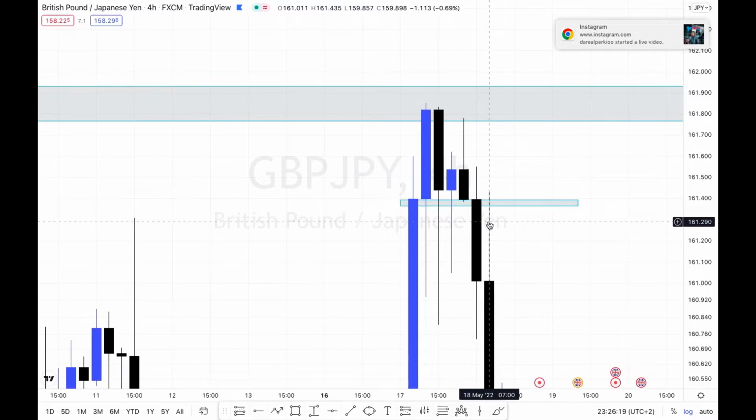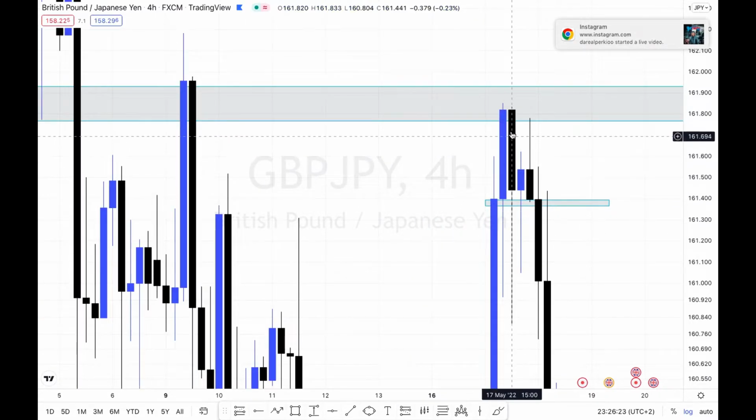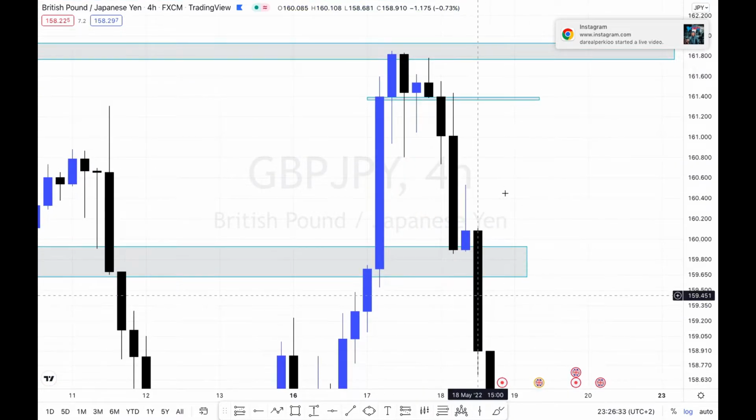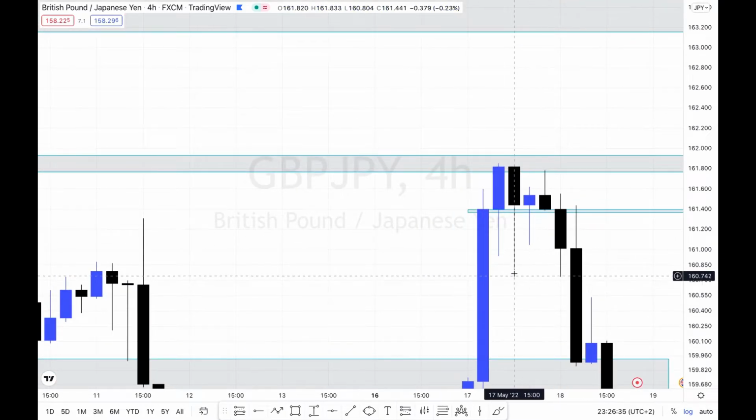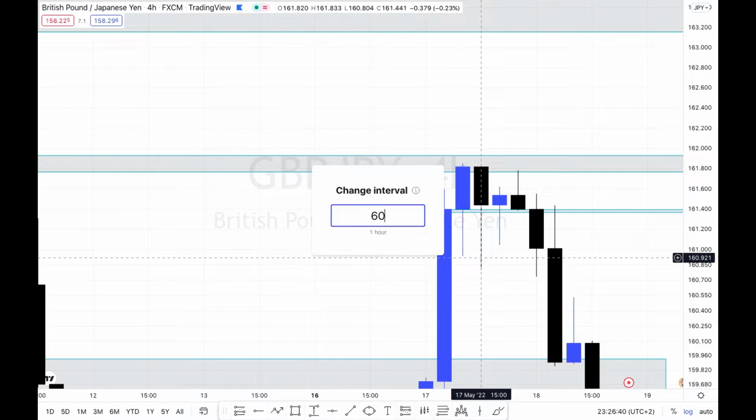But some type of traders too would want price to retest this weak bearish candle, right? Which it did on this candle, which was at no, this was yesterday, right? Yeah, my trade is down here. This was yesterday. So let's go back on the 60 minutes.